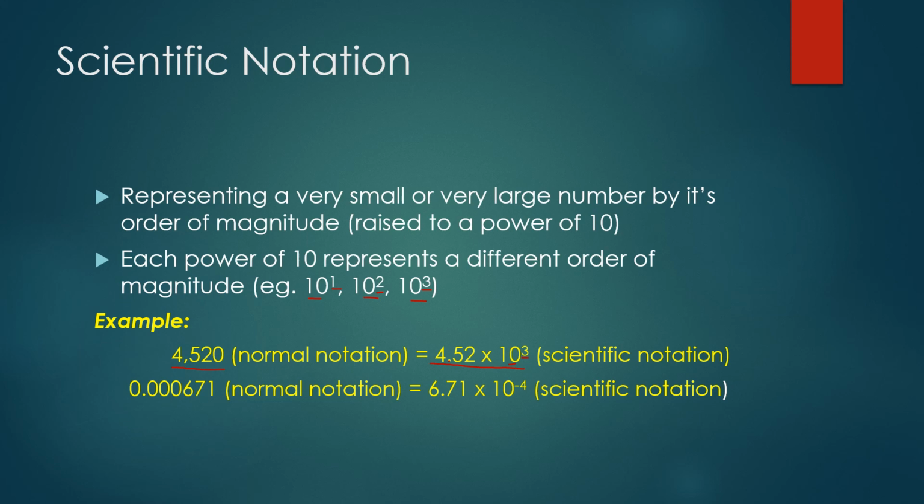For this small number, so 0.000671, that's how we would write it in normal notation. Now in scientific notation, once again, it's going to be represented, we'll have a decimal point, and then it'll be 10 raised to a power, in this case -4.